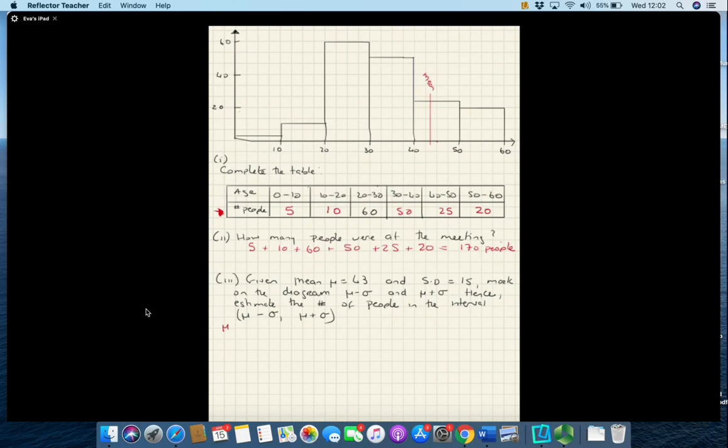So mu minus sigma is 43 minus 15, and it's 28. Mu plus sigma, so these are like my goalposts, 43 plus 15 is 58. Okay, so let's mark these ones in. So 58 is here somewhere.